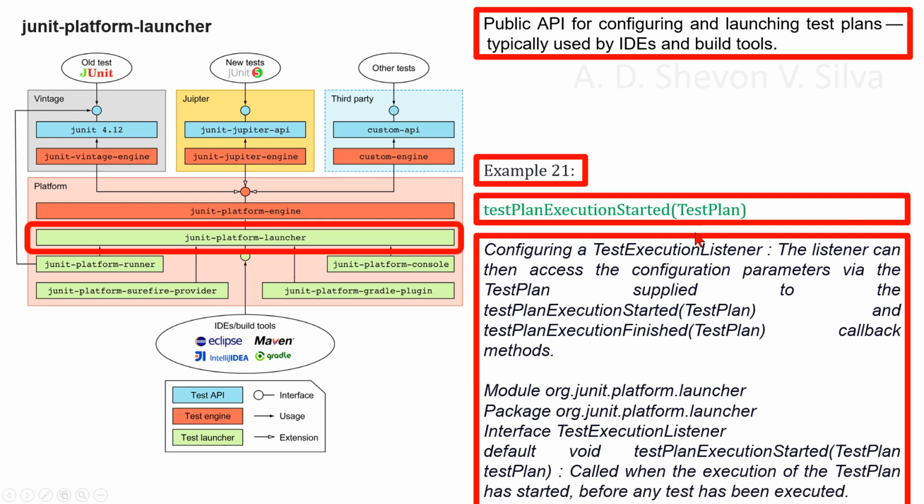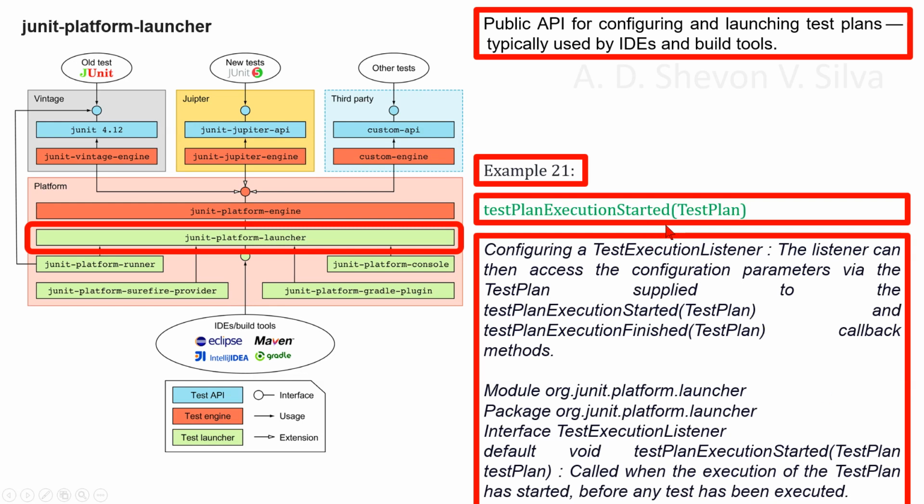The method default void testPlanExecutionStarted(TestPlan testPlan) in interface TestExecutionListener in package org.junit.platform.launcher in module org.junit.platform.launcher is called when the execution of a test plan has started and before any test has been executed.